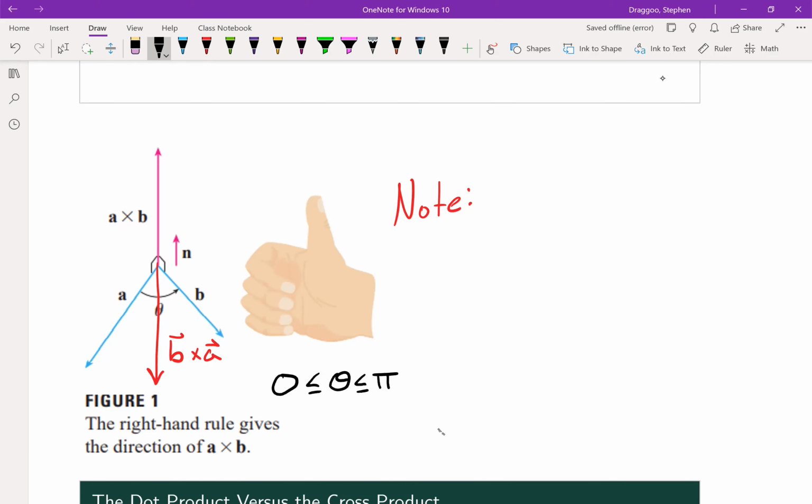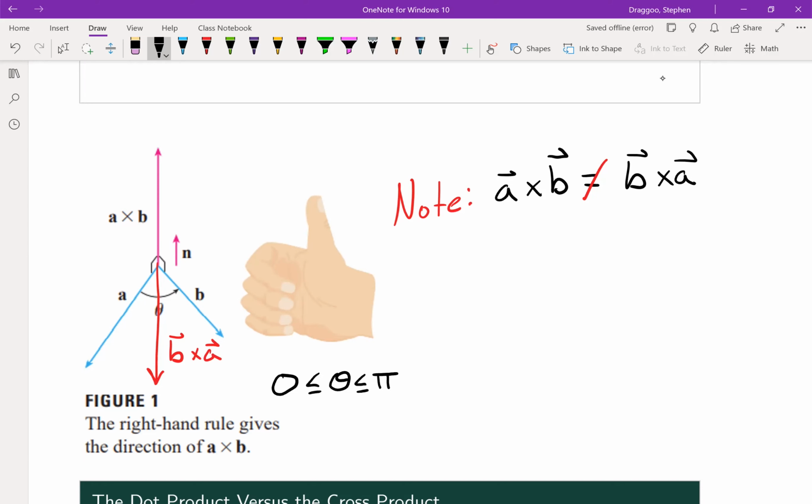And that brings me to the note that I wanted to talk about, which is that A cross B is not equal to B cross A. Order is important when we're taking our cross products. If it's A cross B, then A is the vector that goes on the top in the determinant, while B is the vector that goes on the bottom in the determinant.